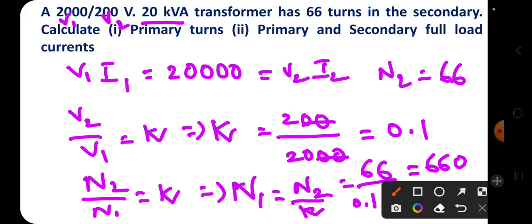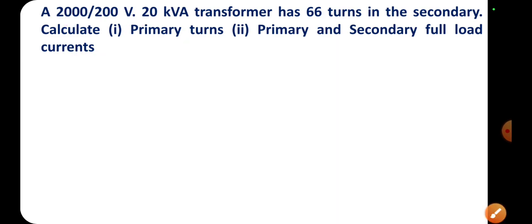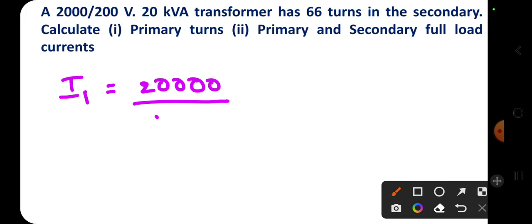Then what about the primary and secondary full load currents? We will use this equation. If you use that equation, you will get I1 is equal to V1 I1 is equal to 20,000 divided by 2000.